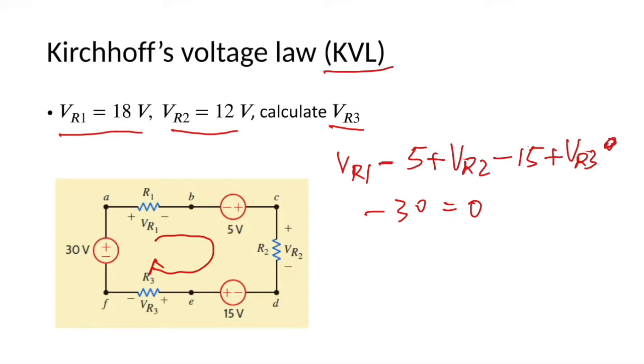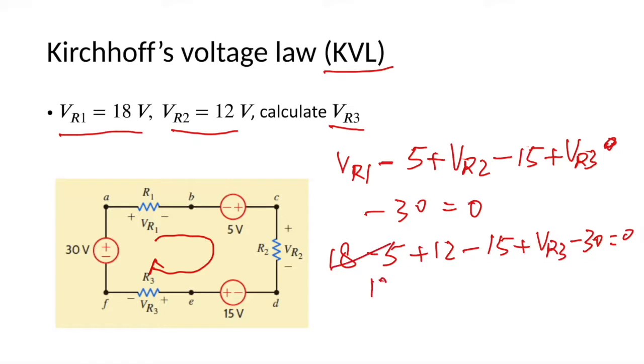So 18 minus 5 plus 12 minus 15 plus VR3 minus 30 equals 0. So this becomes 13, then 25, 10, and this becomes 20. So VR3 equals 20 volts according to KVL. So this is one application of KVL.